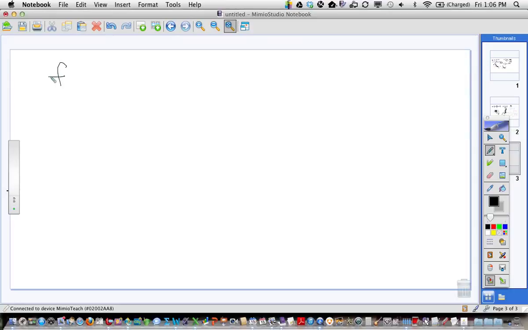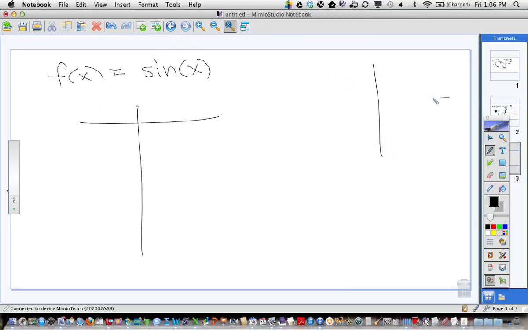Do you remember when we did a little thing on our calculators? We took the sine graph, which looked like this, obviously. That was F. And we said, let's make a chart of the slopes of the sine graph. Okay?